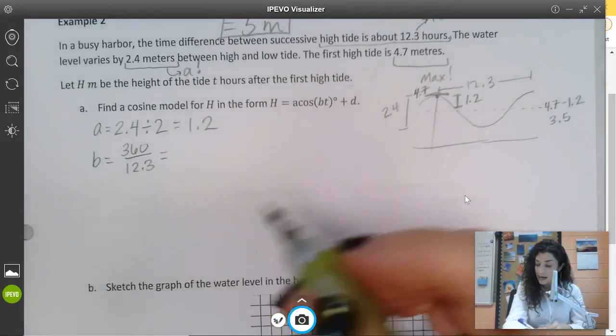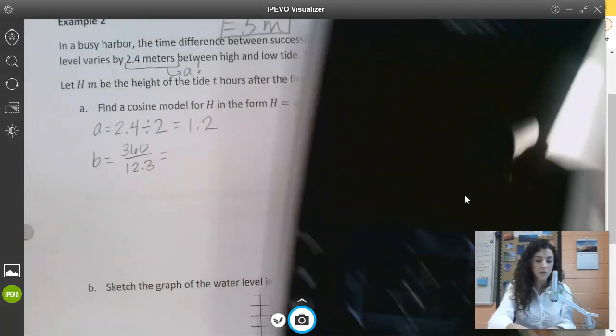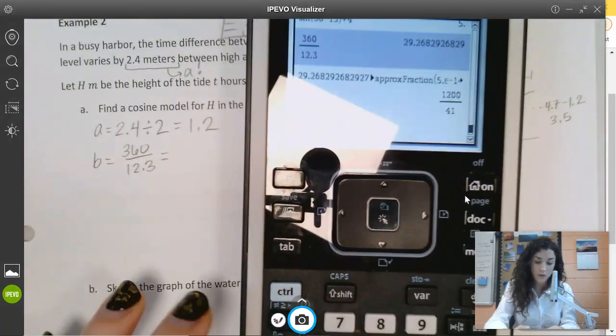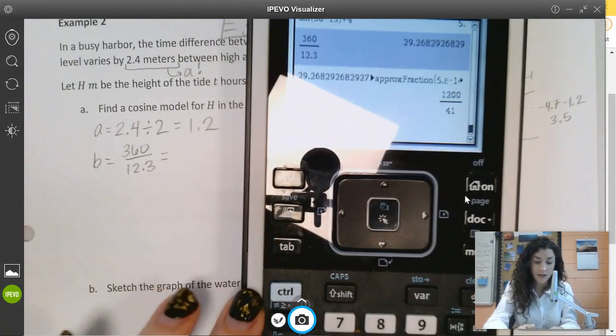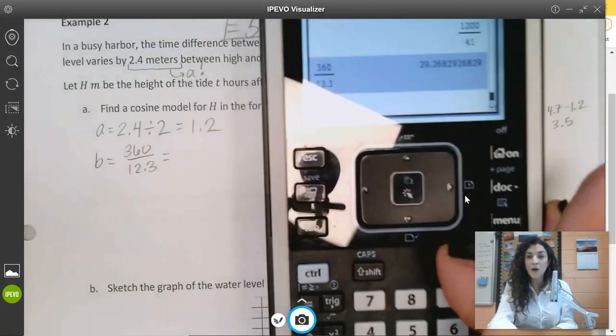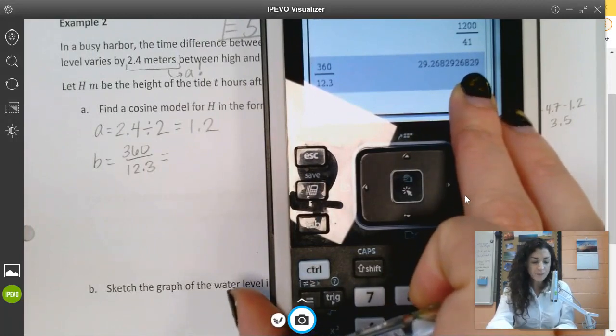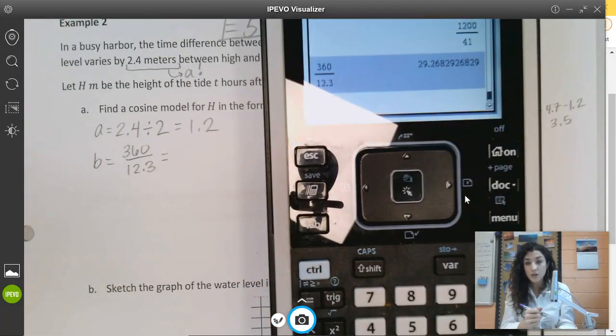Dividing that out, we get a crazy long decimal. Since we're using this formula later on to make a sketch, you should be leaving these values exact. Don't write the rounded version. Leave it as a fraction.